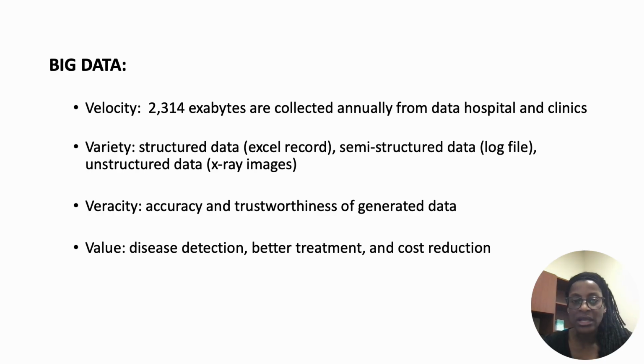The velocity of data is infinite, and oftentimes it is not being used. So big data, which is really needed for machine learning, we have that information from hospitals and clinics annually.